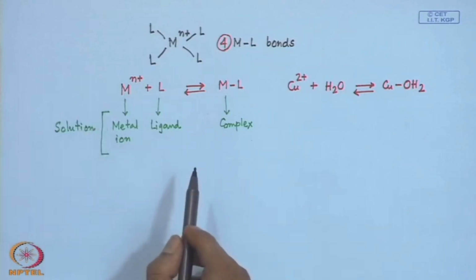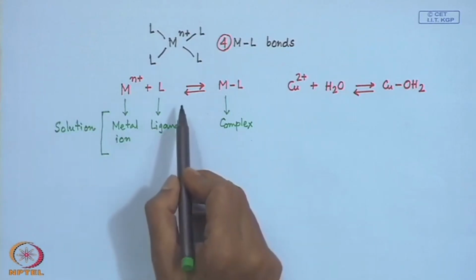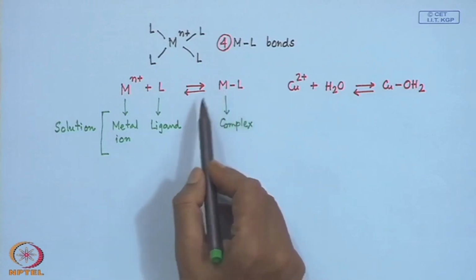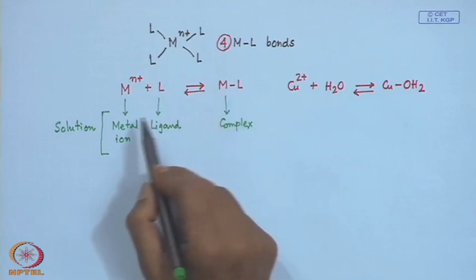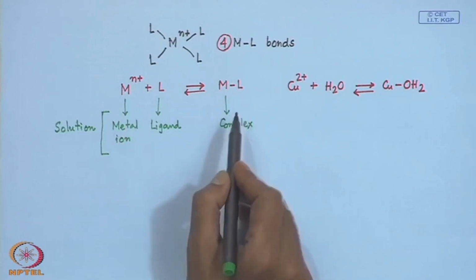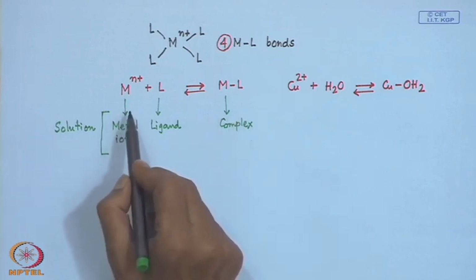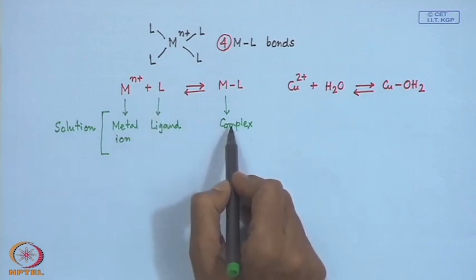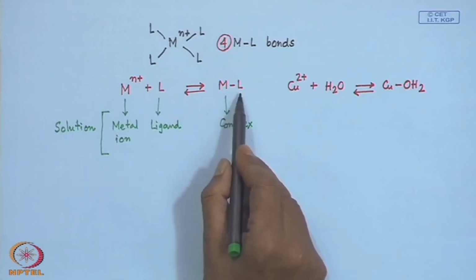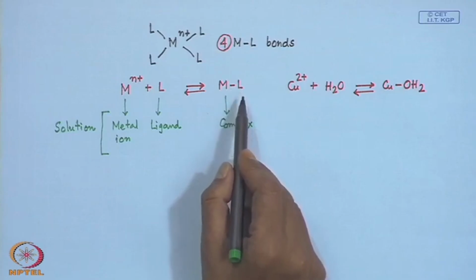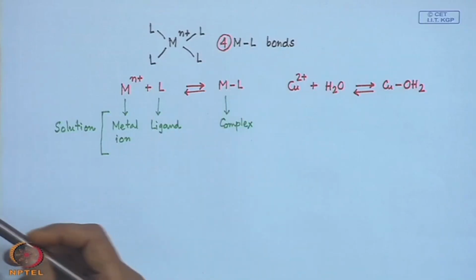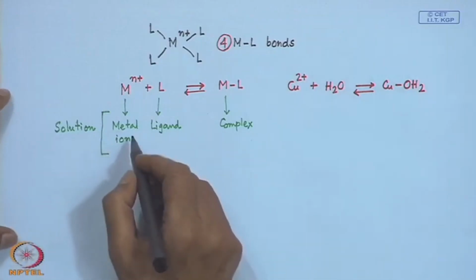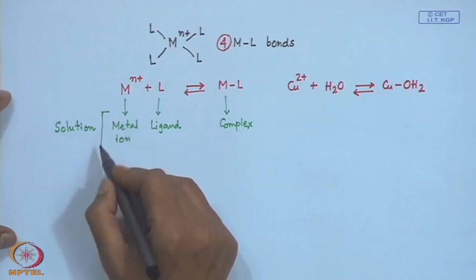If they are in equilibrium, depending on the reaction condition and the medium, how do we know what percentage of the reaction is going from left to right, that means the corresponding affinity of the metal ion to react with the ligand to give the complex species, where at least one metal ligand bond is forming? So, how can we monitor that equilibrium process? We know the concentration of the metal ion.